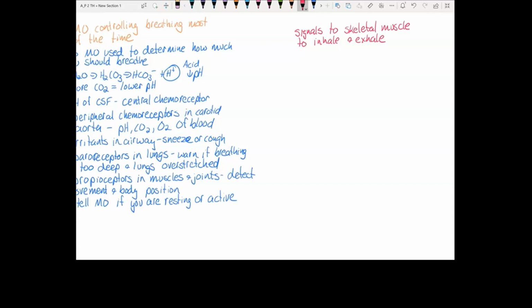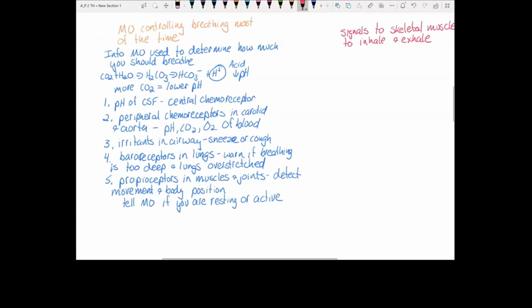So let's match up breathing more or breathing less with our information here. So we can lump 1 and 2 together. Okay, and remember the relationship between carbon dioxide and pH. So if pH is too low, that means you have too much carbon dioxide.